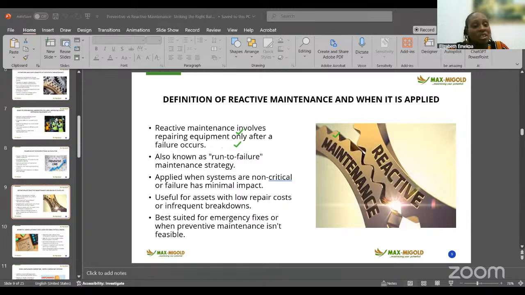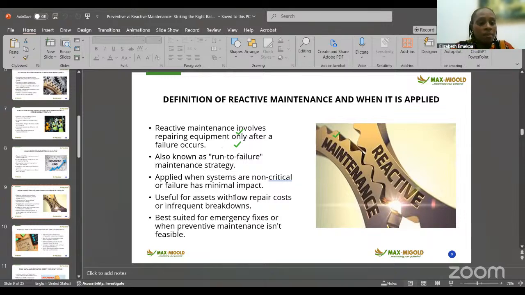That's a run-to-failure maintenance strategy. What are examples of run-to-failure strategies we have? Like bulbs. Your bulb, your extension socket. It's only when it goes off that you replace it, right?